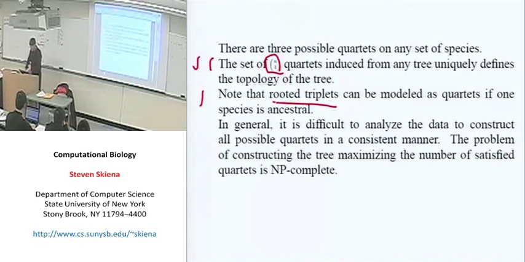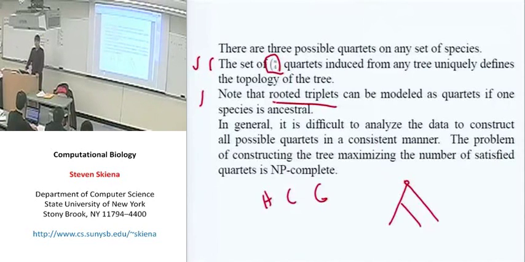For example, notice that there are 3 possible rooted triples. If we have human, chimp, gorilla, and yeast, what are the 3 rooted triples on human, chimp, and gorilla?